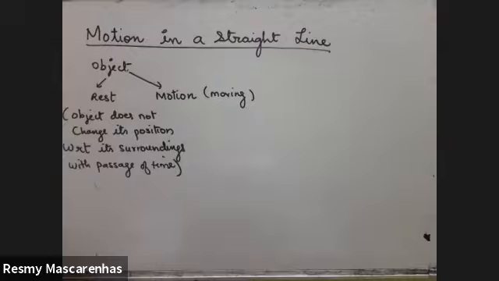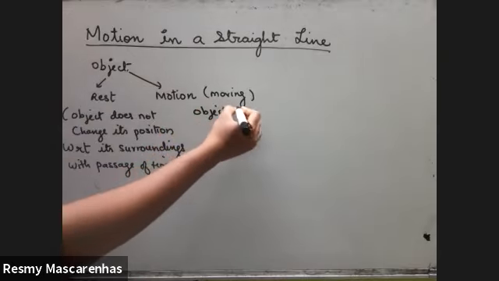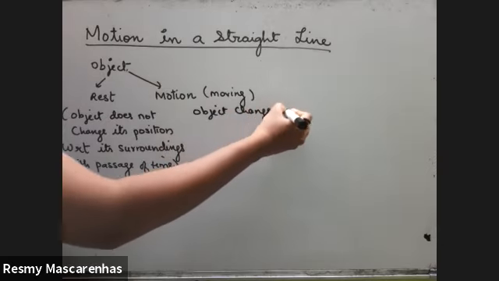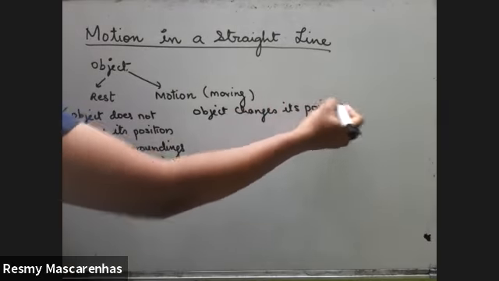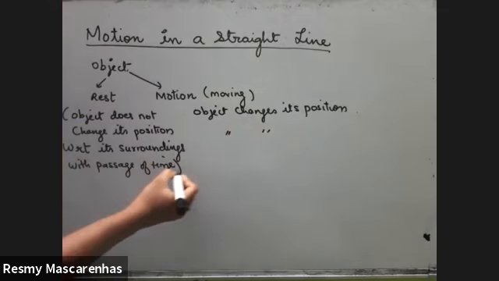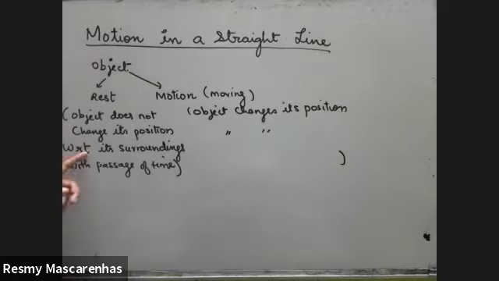And then it is motion if the object changes its position with respect to its surroundings. Everything remains the same with respect to its surroundings in the case of rest.